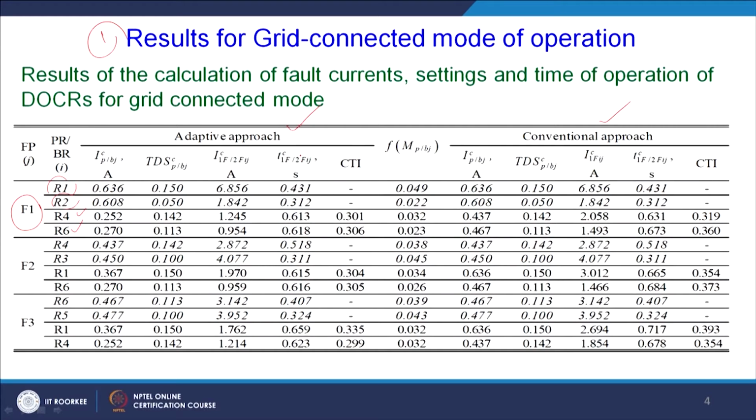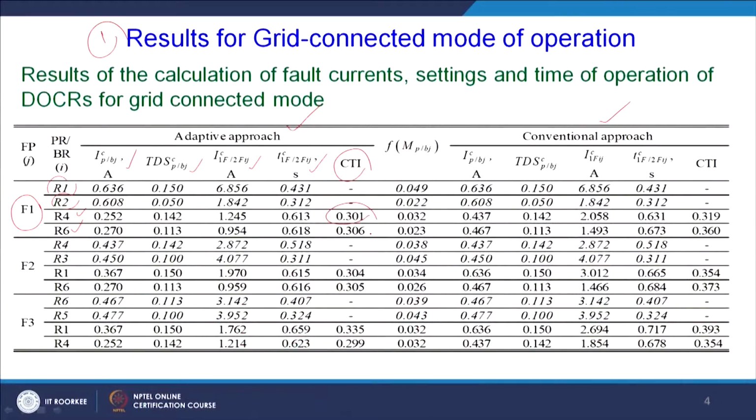Coming to the adaptive approach for fault F1, you can see here the peak of current before fault, the TDS setting, the fault current, and the time of clearing the fault. The point here is that the coordination time interval, CTI, should be within 0.3 to 0.5 second, and yes, we have attained this; the CTI is well within, at 0.301 second.